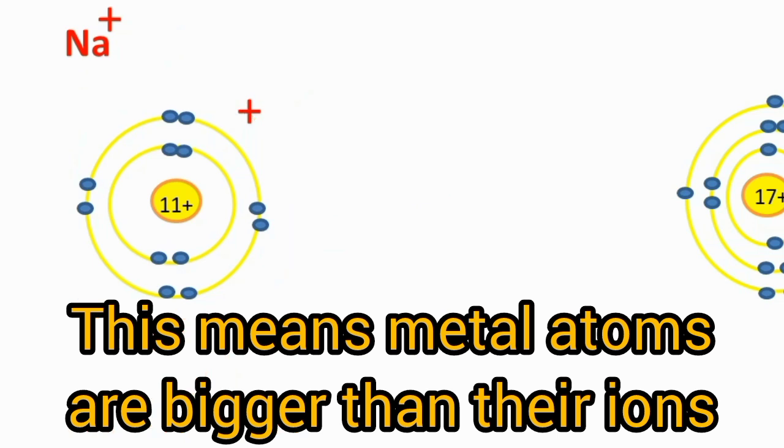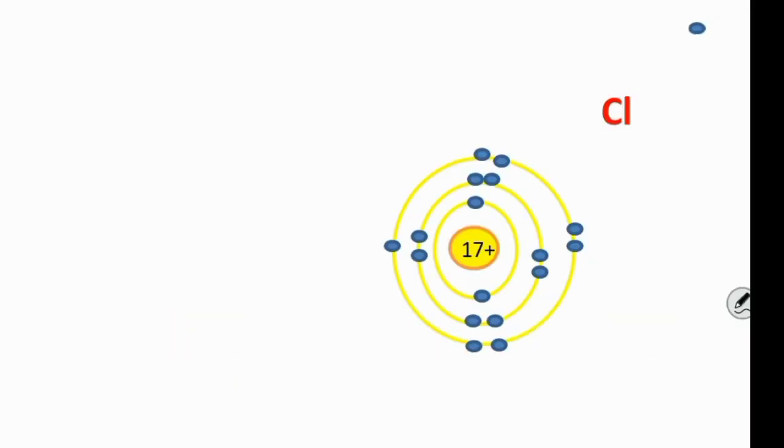Then of course, that electron that was donated by sodium will be accepted by a chlorine atom. And now that we are having an unequal number of electrons and protons, the chlorine becomes chlorine minus, which is Cl minus. Why is it Cl minus?